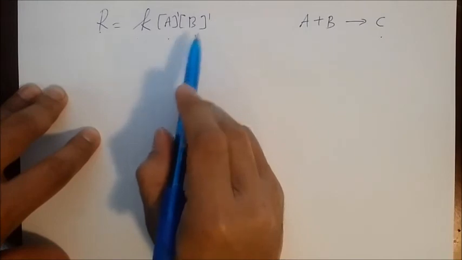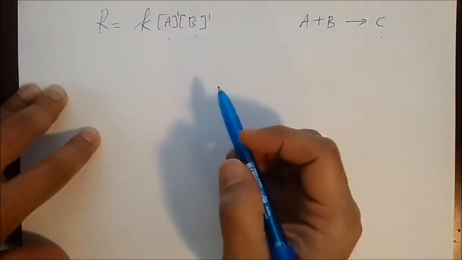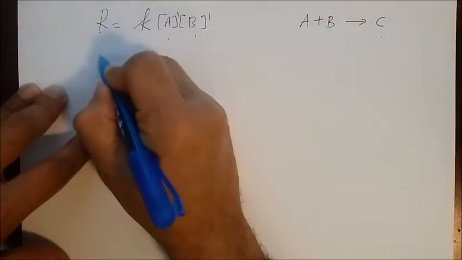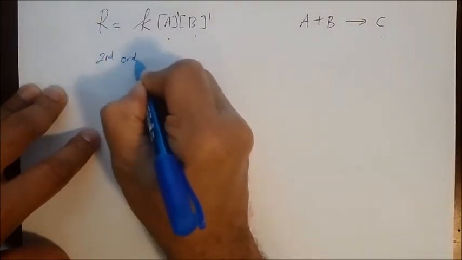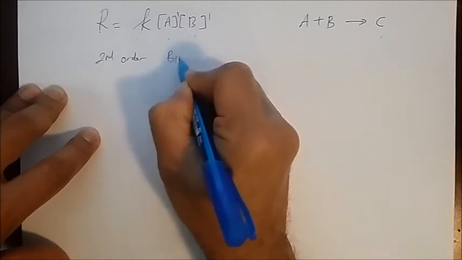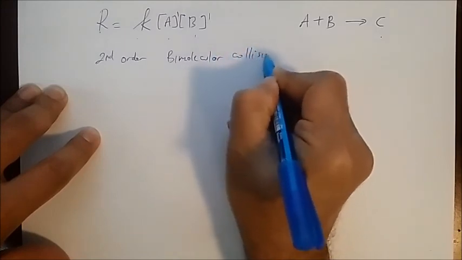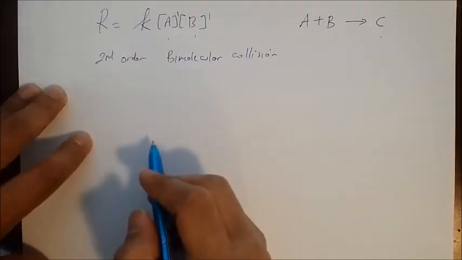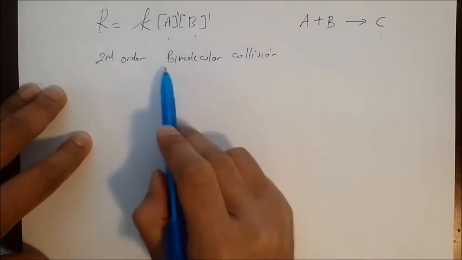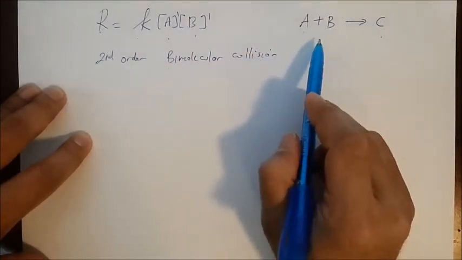And its molecularity, or the mechanism, is bimolecular collisions. This is second order for bimolecular collision. If this is an elementary reaction, it requires collision of A and B to start the reaction.